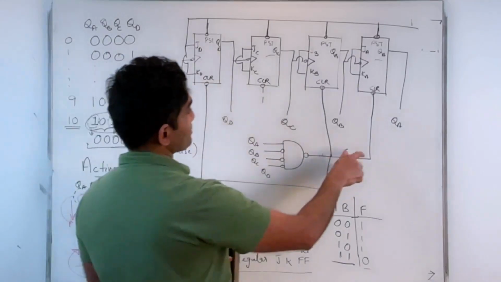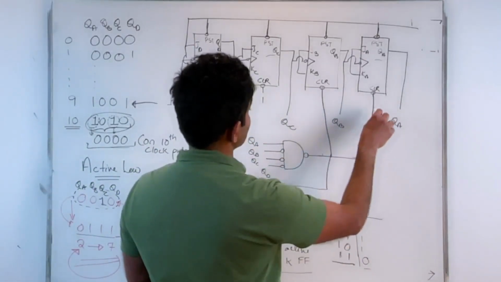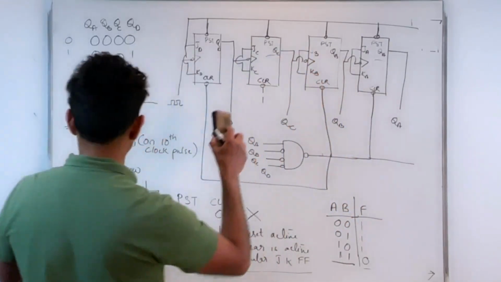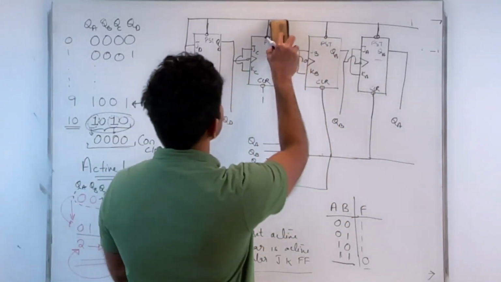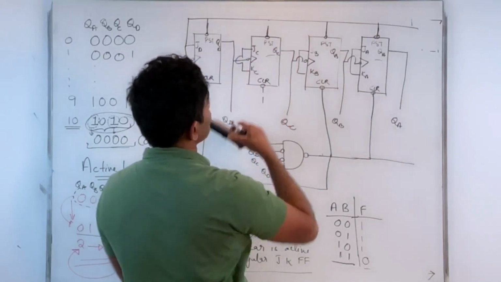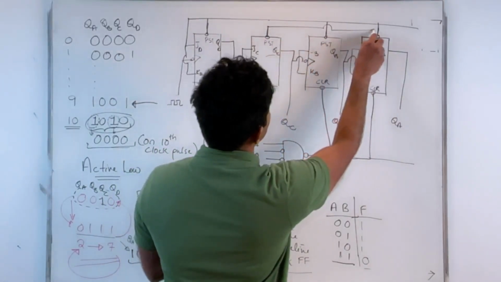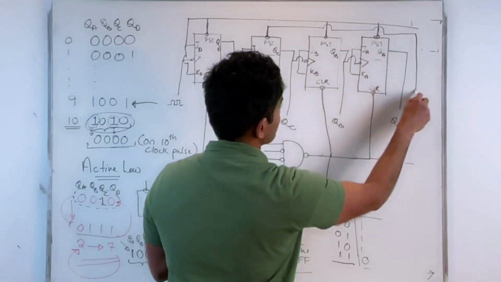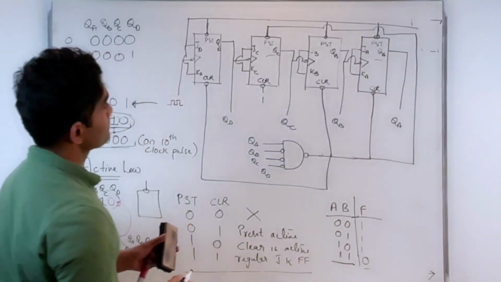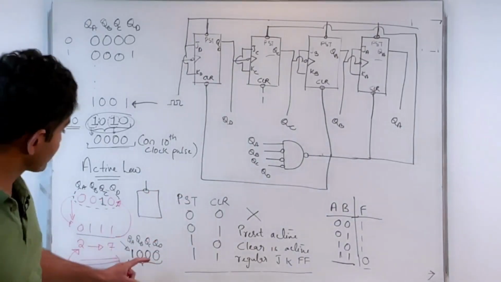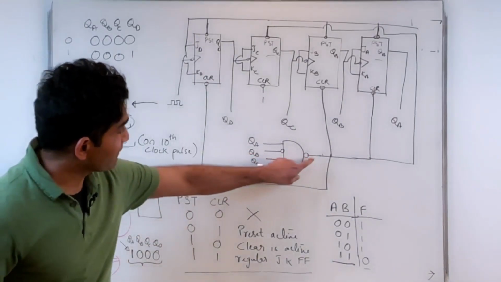So I need to basically force, once I recognize this count, I need to take this and force QC to be a 1. Like that. So now when this particular count is recognized, I get a value of 0 here.